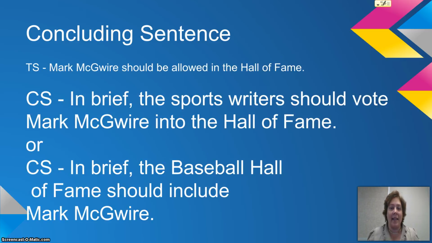Here are some examples. Topic sentence said Mark McGuire should be allowed in the Hall of Fame. Well, our concluding sentence says, in brief, transition word, the sports writers should vote Mark McGuire into the Hall of Fame. Or, in brief, the Baseball Hall of Fame should include Mark McGuire. We've paraphrased the topic sentence, not just restated it word for word.